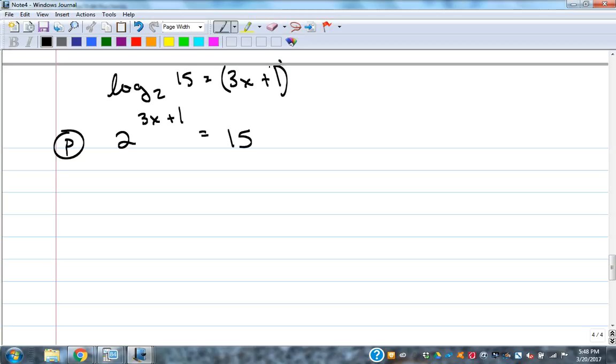It doesn't work out real good because you can't write 15 as 2 to a power, right? That's the problem. So to get rid of that 2 as the base, you can take the log base 2 of both sides. This is the trick to that.